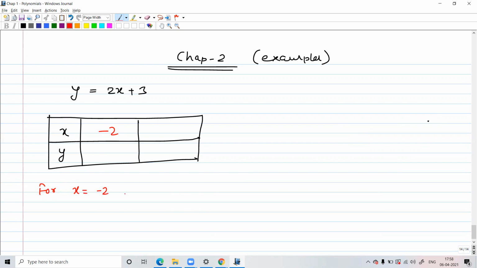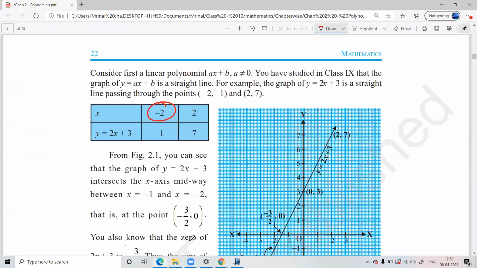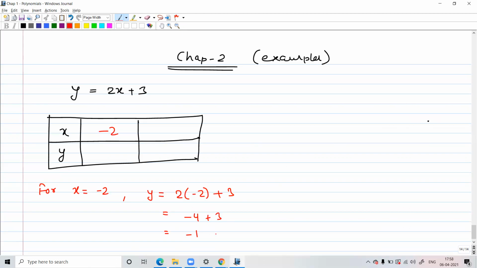For x equal to minus 2, y will be 2 times minus 2 plus 3. Is that right? Everybody got that, minus 1?